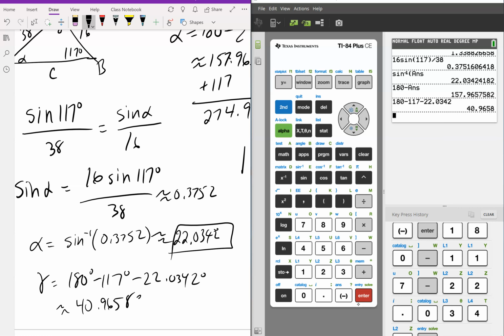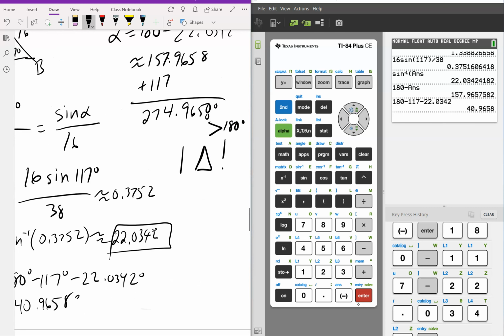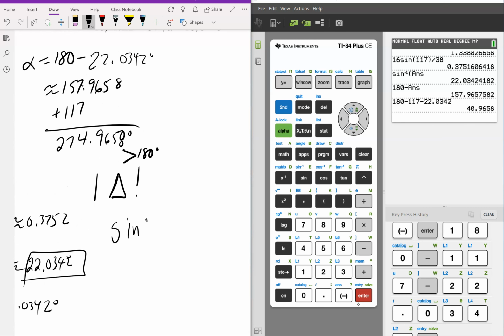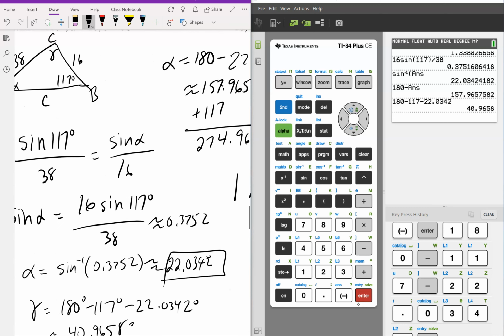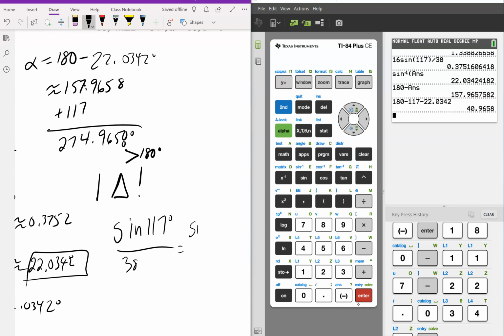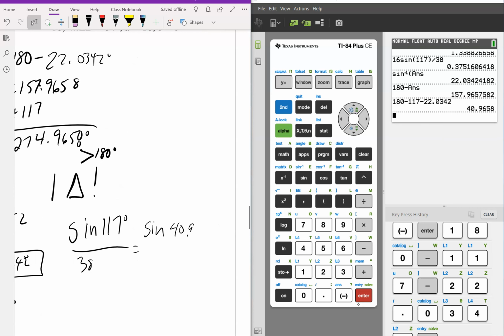And now finally, we're ready to get the last one. If we do sine of 117 over whatever the b was, 38, equals the sine of gamma, which is 40.9658 over c.